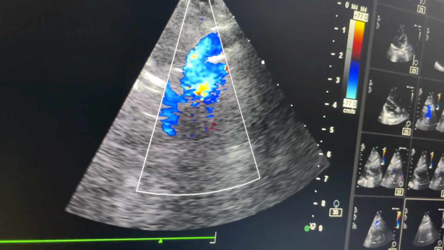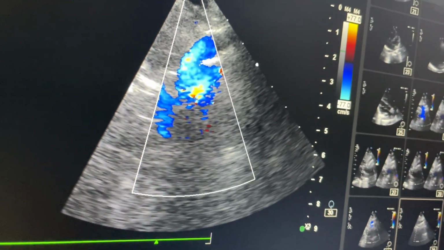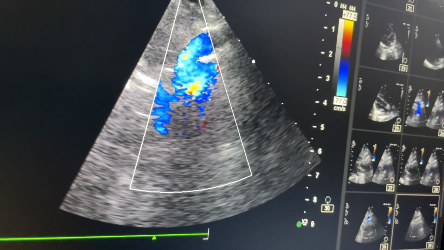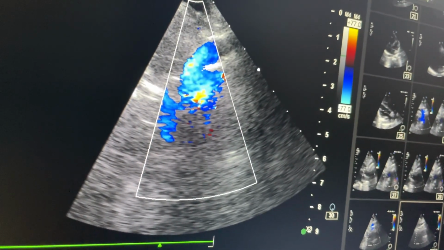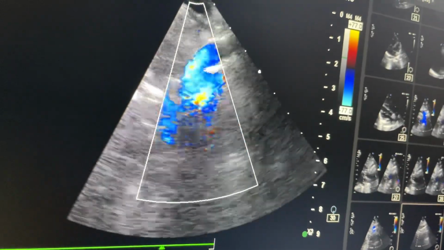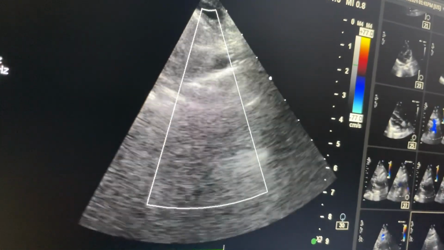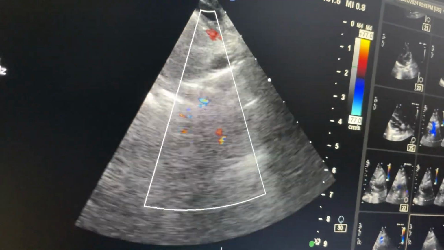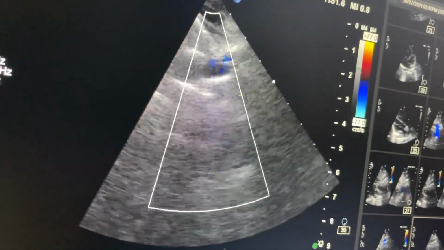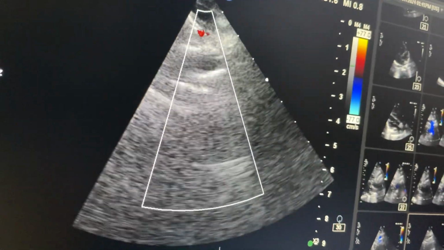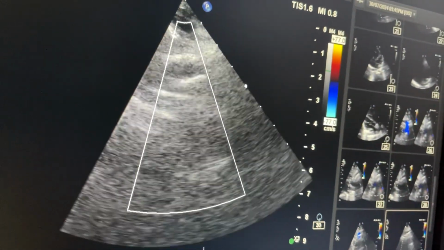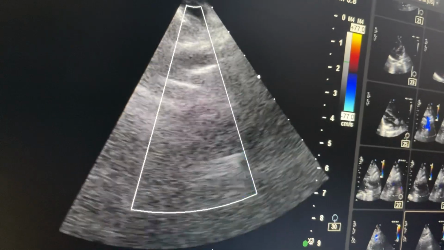Flow has to be blue, that means it has to be from superior to inferior, from above to downwards. Only then that will be the flow through left-sided vena cava. Otherwise it will be the flow within the straight vein in case of total anomalous pulmonary venous connection of supracardiac variety. That is the point to know from this image.